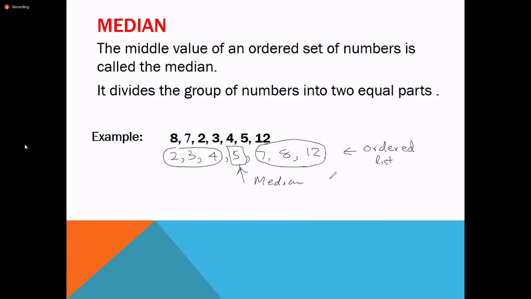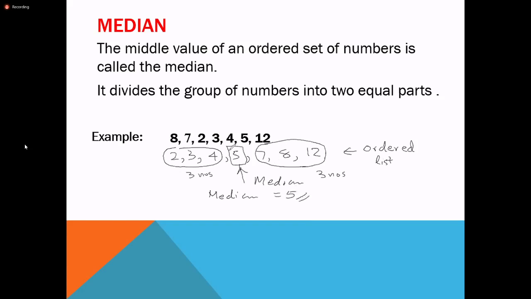Very simple thing here. So less than 5, there are 3 numbers. Above the 5 also, there are 3 numbers. So this is the median. So median is equal to 5.